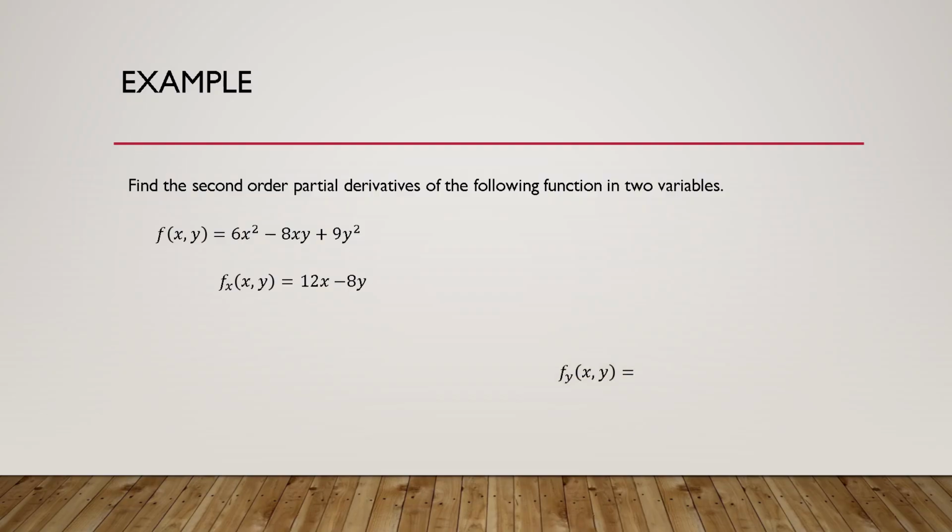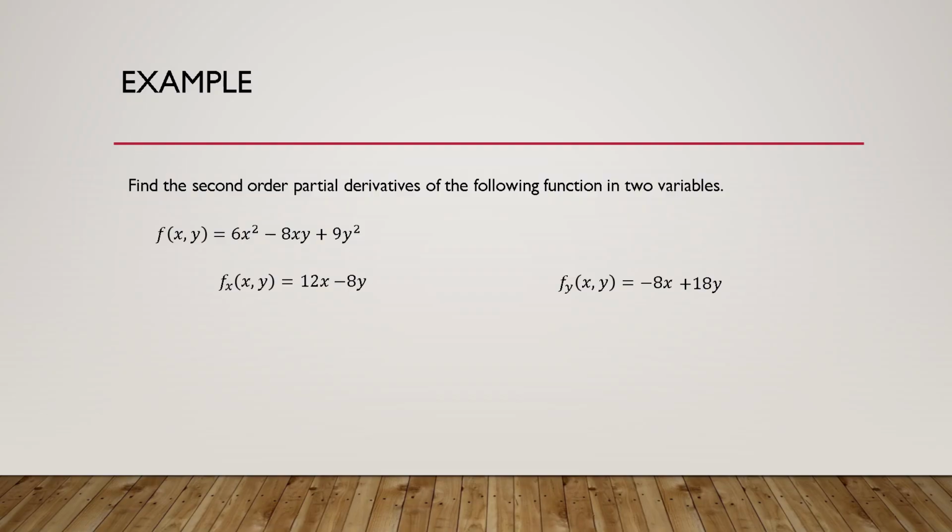For the first partial derivative of f with respect to y, consider the x terms as constants. The first term is a constant, making its derivative 0. The derivative of negative 8xy is negative 8x, and the derivative of 9y squared is 18y.